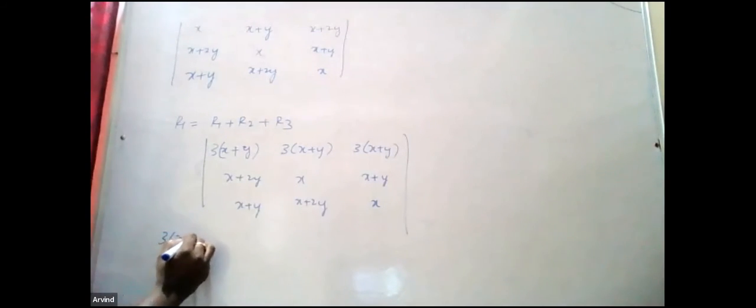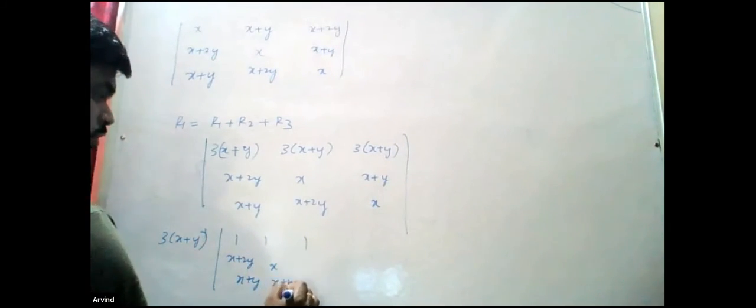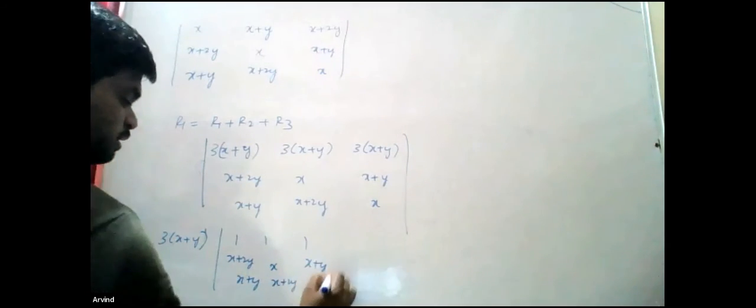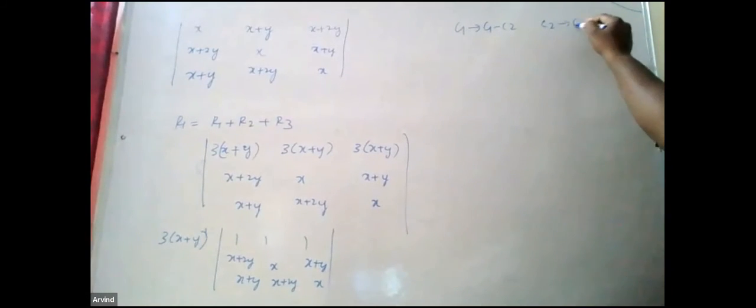So from this you can take 3 of x plus y outside. You are left with 1 1 1, x plus 2y, x plus y, x plus 2y, x plus y, x. So in this you can bring zeros. C1 is C1 minus C2. Next C2 is C2 minus C3.